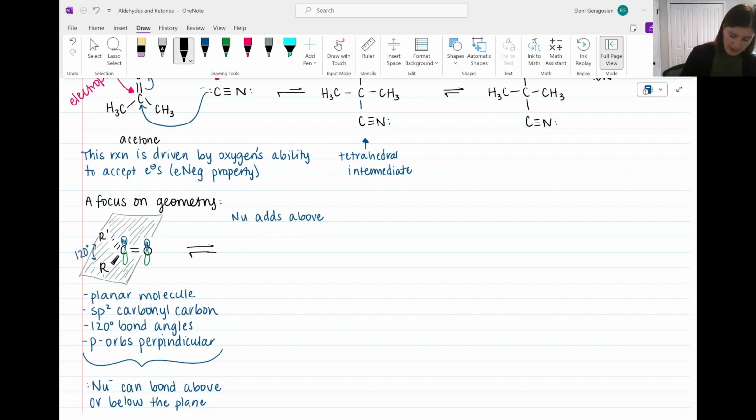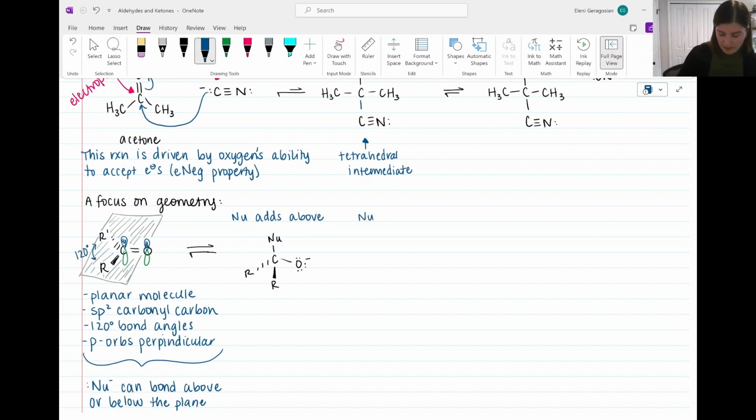So we can draw that intermediate as having the nucleophile bonded above the rest of the molecule, above the plane that the molecule was previously in. The R groups are now pointed a little bit away from the nucleophile on the wedge and dash, and then the oxygen, which in this step becomes negatively charged, can be shown on that straight line bond. So that's one intermediate where the nucleophile adds above the plane.